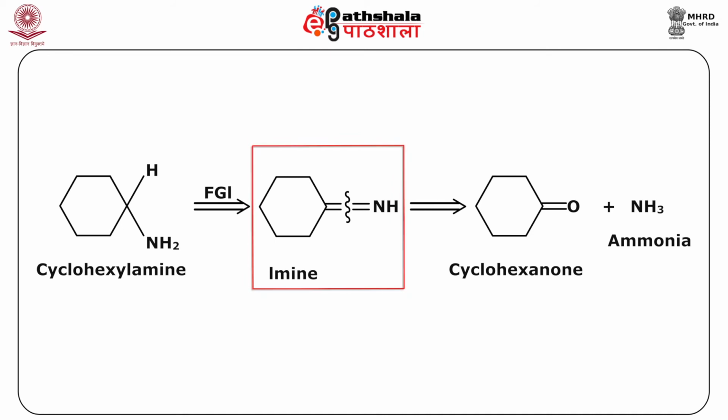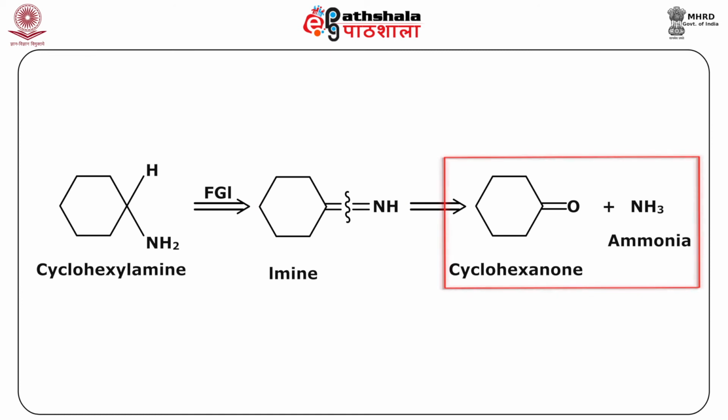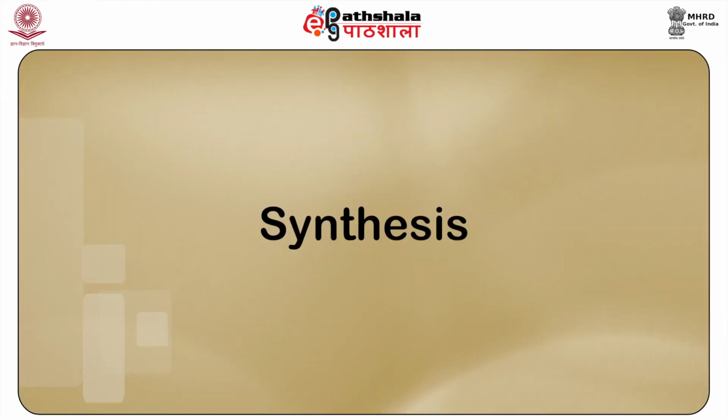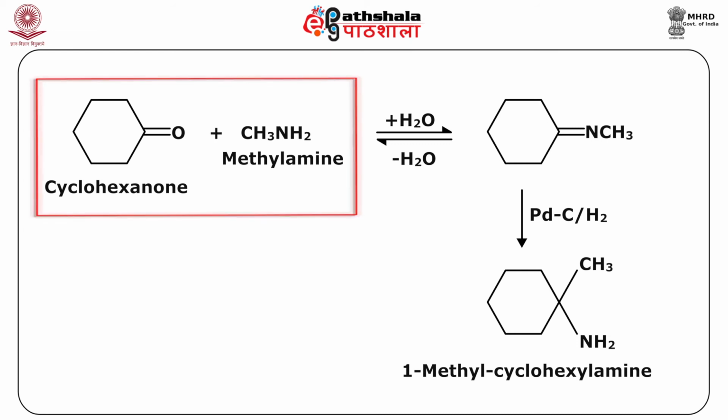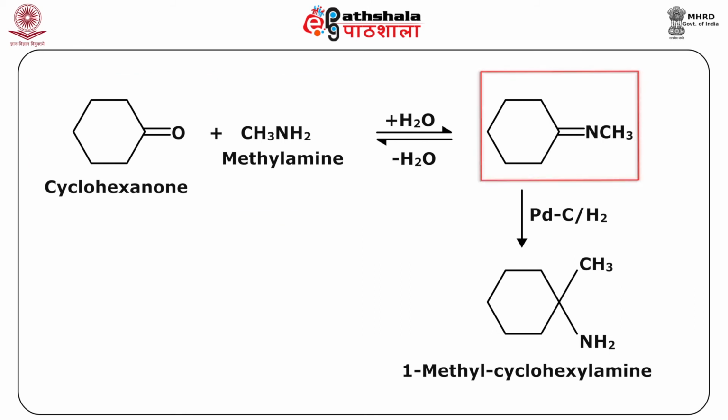The reaction starting materials can be traced back to cyclohexanone and ammonia. The synthetic pathway involves, in step 1, the reaction of cyclohexanone with methylamine to form an intermediate imine.